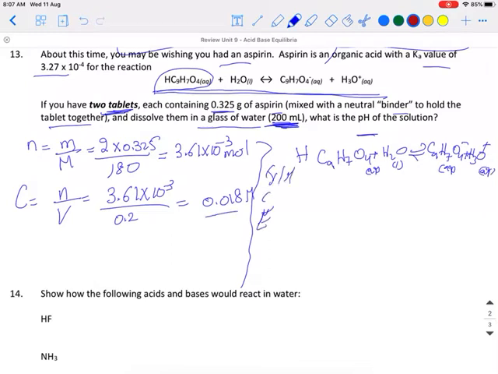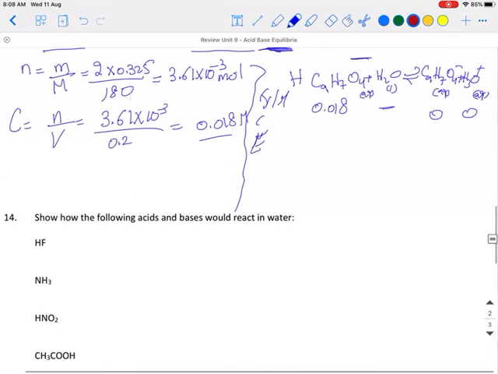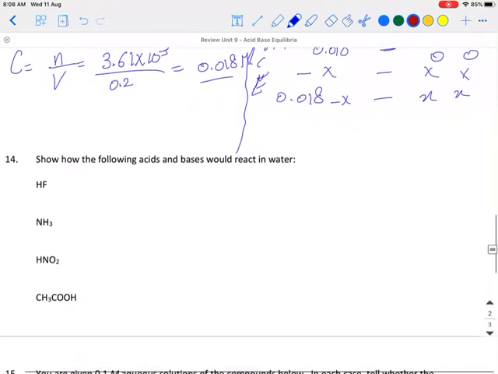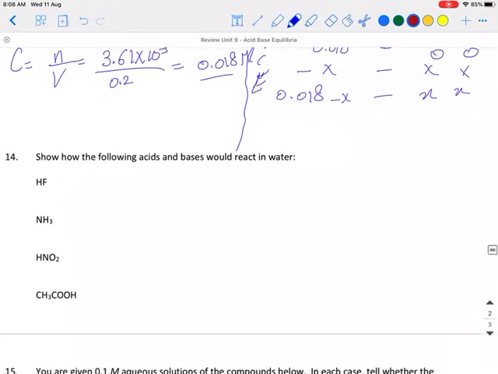Let us construct the ICE table. The initial concentration I already calculated, 0.018. For liquid there is no concentration, so dash, and this is 0. Change by reaction will be minus x, x and x. Equilibrium is the summation of the above two steps: 0.018 minus x, x and x.